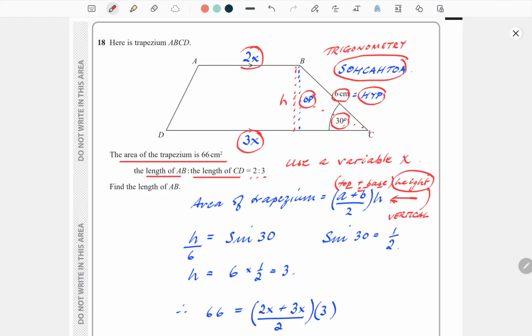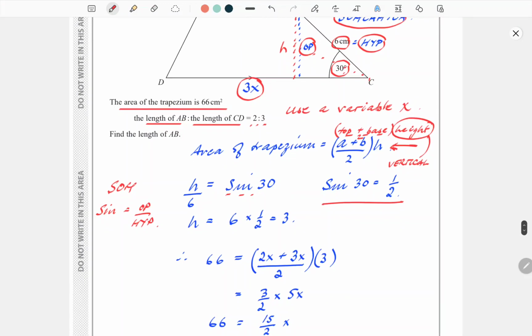Because we know the hypotenuse and we want the opposite, we want to use the sine value. SOHCAHTOA: sine equals opposite over hypotenuse. So h over 6 equals sine 30. And here you must recall, and it's a non-calculator paper, that sine 30 equals a half.